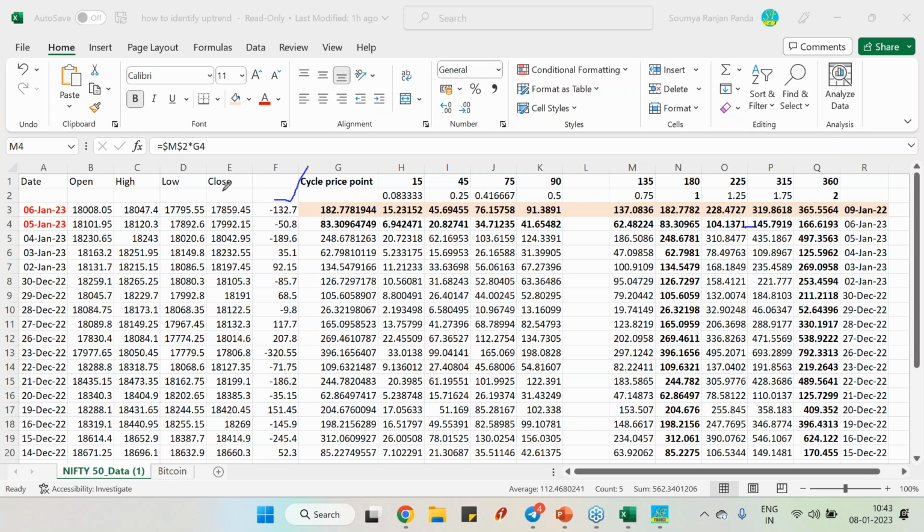Very carefully listen to this: if the price point of oscillations on 6th January has given you clarity that it has closed in any of the major trend turning price points, then for the next day I can say 45 degree, because it is in between, not beyond 166.